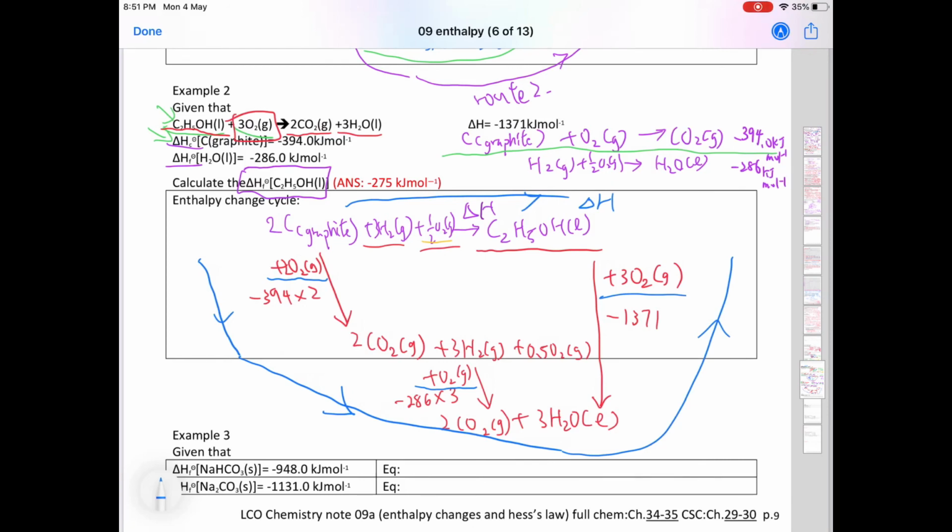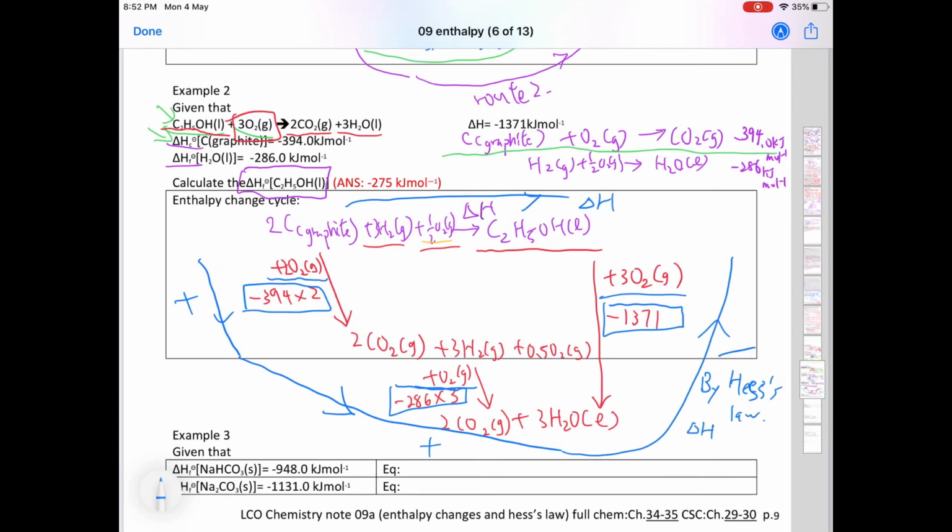So when we are working with the enthalpy change, we just plus this number, and then plus the enthalpy change of the second step, and then minus the enthalpy change of the third step. So you can still get the same result by Hess's law.